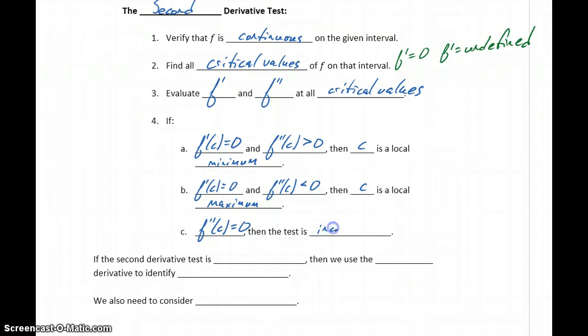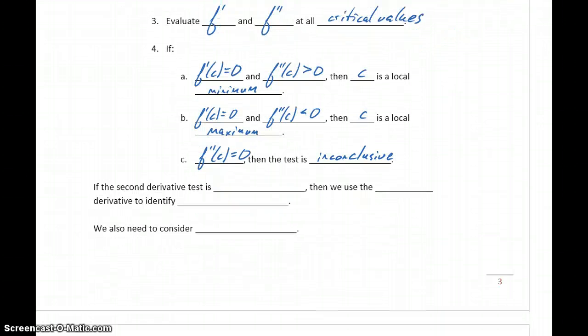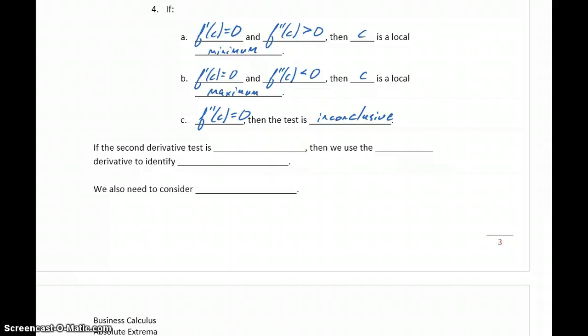Unfortunately, in that case, the second derivative test is inconclusive, meaning we don't know whether we have a maximum or minimum. The test doesn't give us any useful information. So in a case where the second derivative test is inconclusive, we'll go back to the first derivative test, where we look at sign charts to identify local extrema.